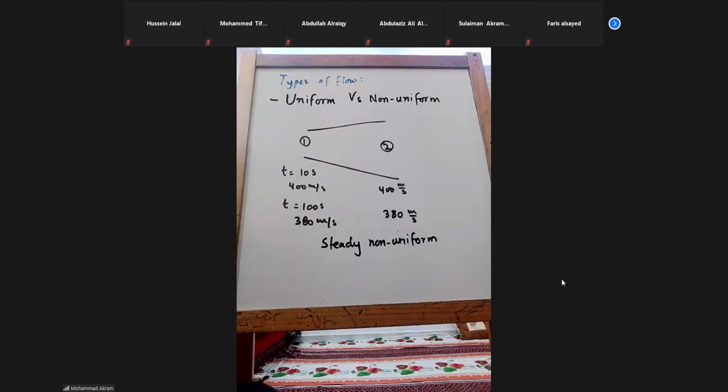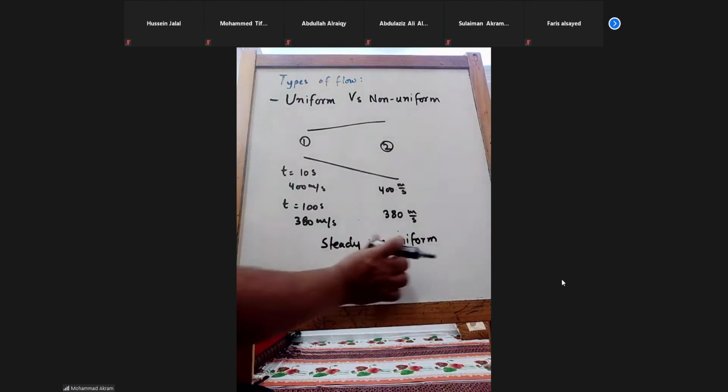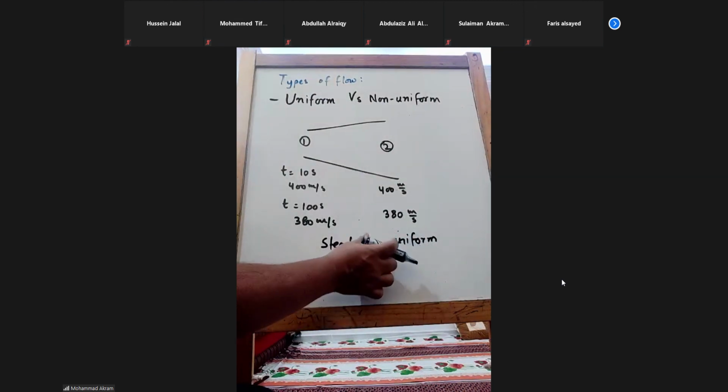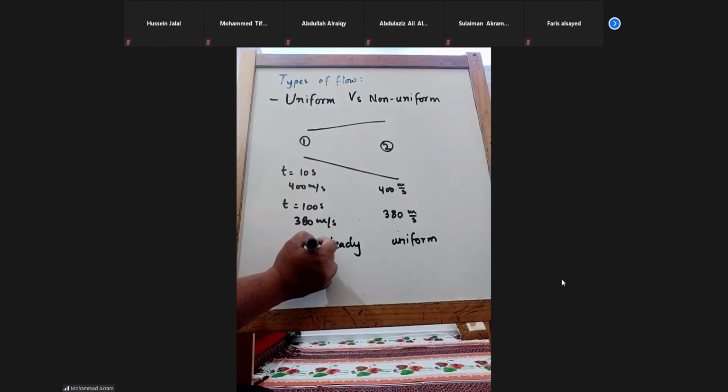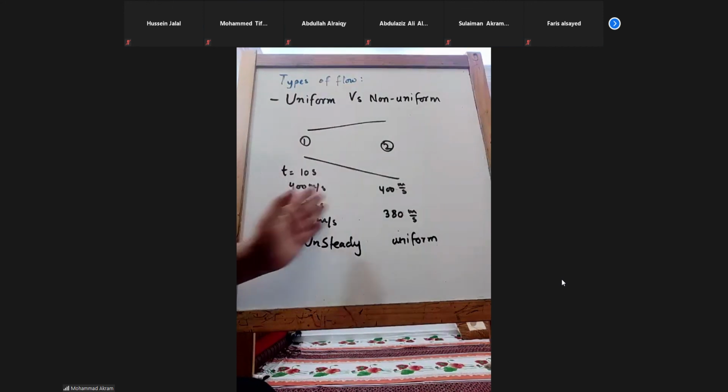Unsteady and uniform. Okay. So this is unsteady and uniform, because it is not changing with space but changing with time. Okay.